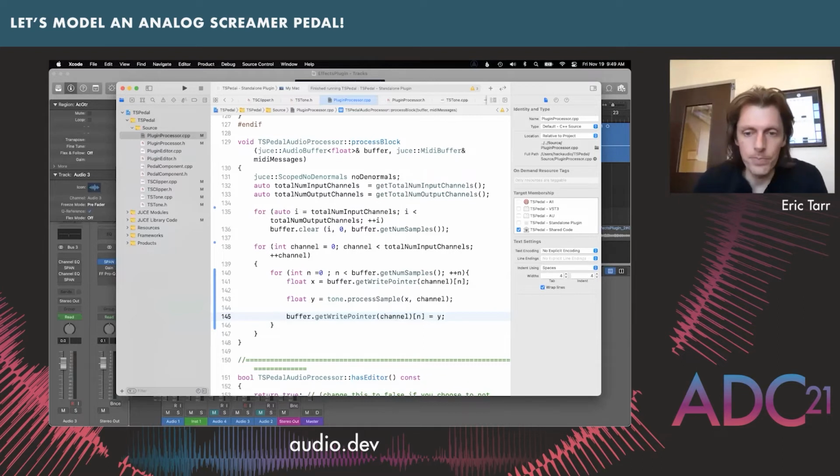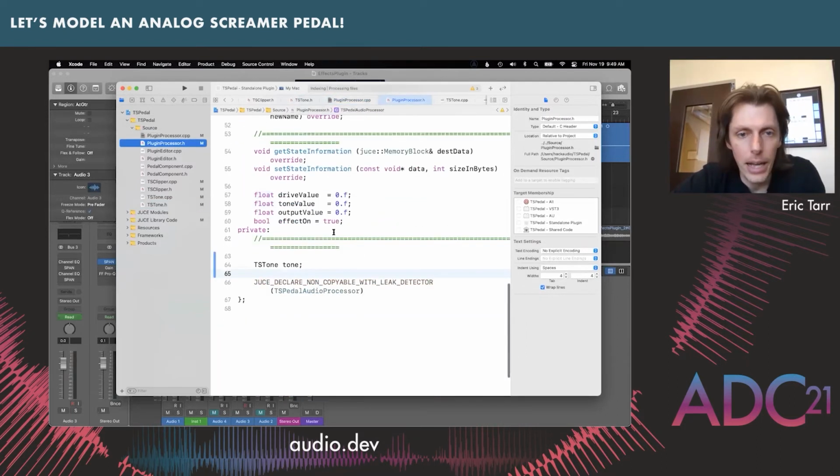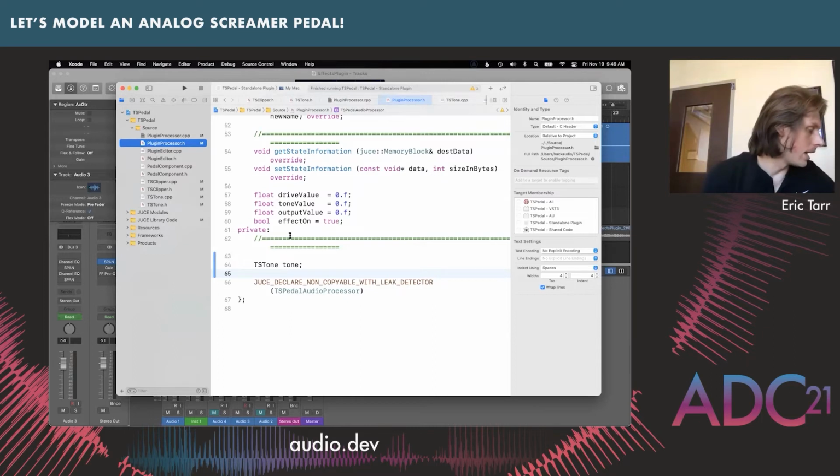So a few more things that we can use here while we're in the process section: we have this effect on. So let's write a conditional that we can use. I'm not doing any smoothing on this, but it will at least trigger our effect being on and off so that we can test that it's going to work.